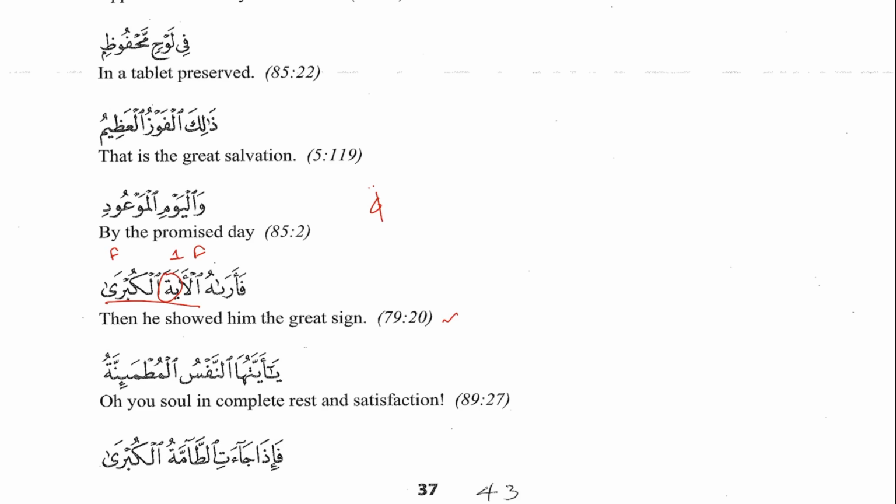Different nouns have different forms, and some nouns have a feminine form that does not include the ta marbuta. So don't get confused here. Both the sifat and mausuf have the same properties.